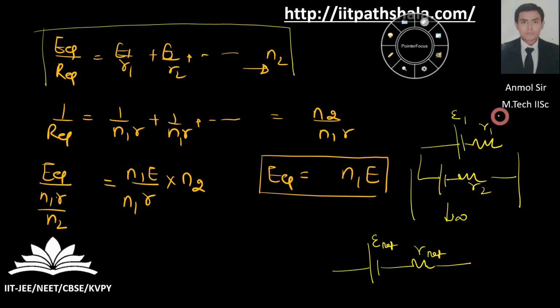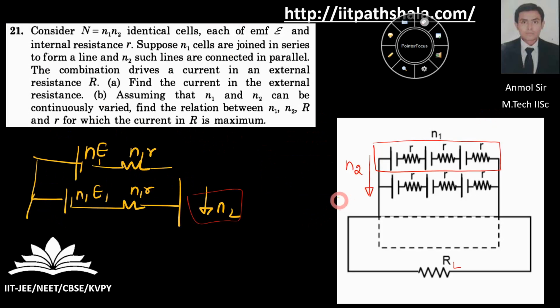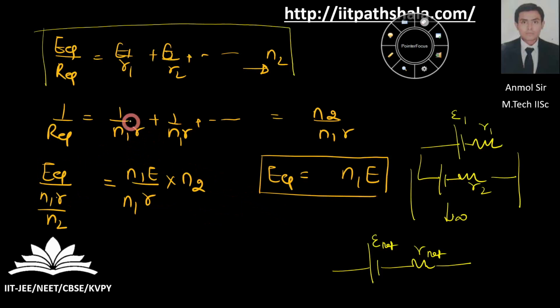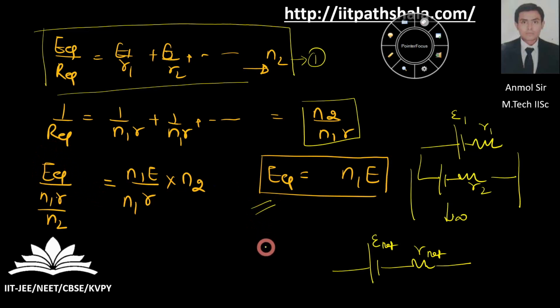Okay, because each resistance was nothing but the sum of all identical resistances, giving me n1r. I am ending up with 1 by n1r plus 1 by n1r up to n2 terms. Okay, so it comes out to be n2 by n1r. Okay, so now you have to replace 1 by R equivalent in this E equivalent by R equivalent, our basic equation over here, which is equation number 1. So after replacing, you will be getting your E equivalent.